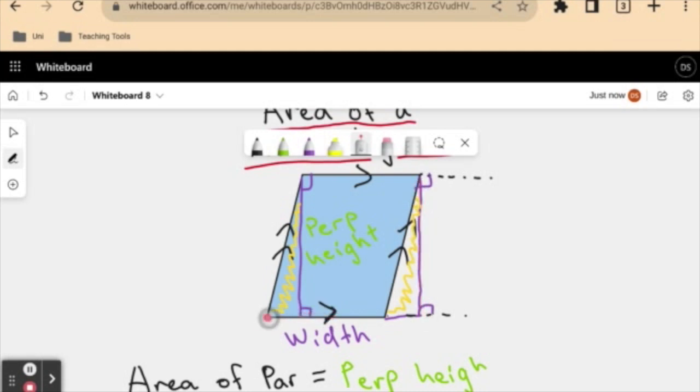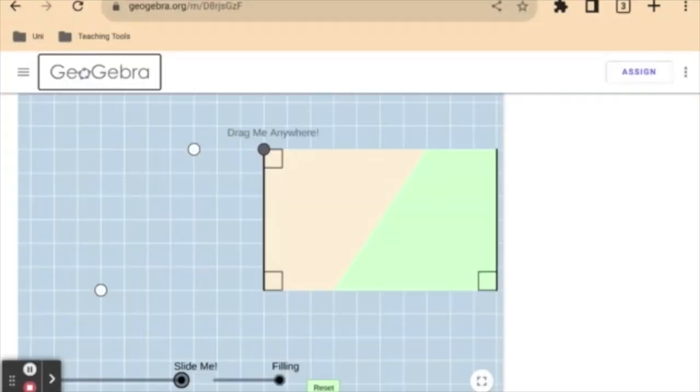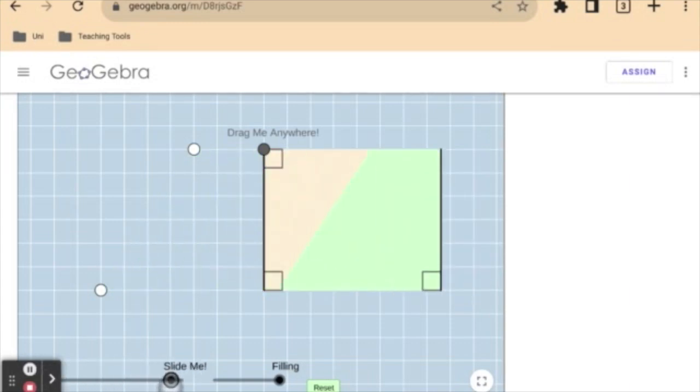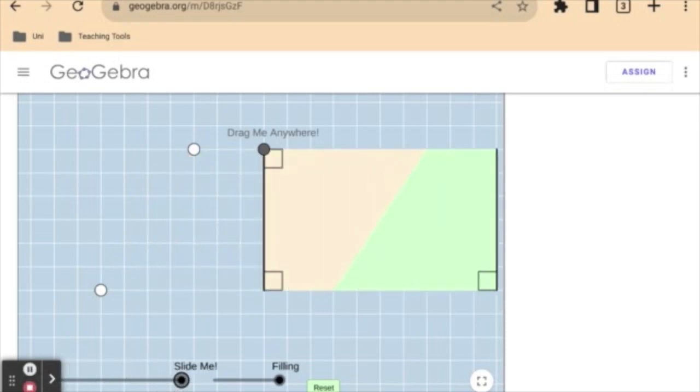And it doesn't matter if we take it from here to here, or when we slide it across from here to here, that remains our width. You can even see it over here. Our width doesn't change. We just make this cut, but the width is a constant, isn't it?